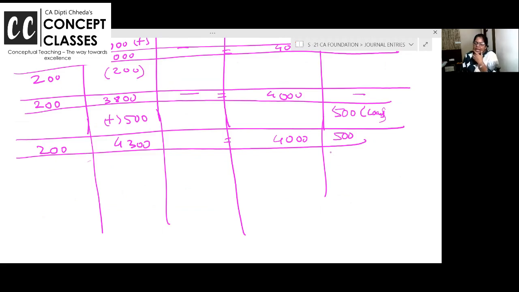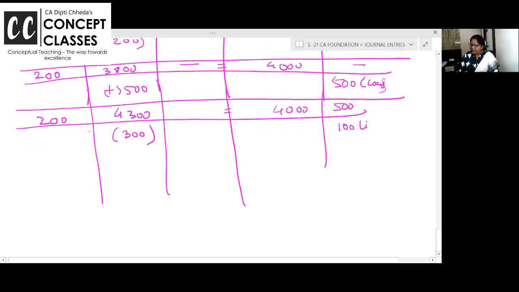Next, salaries paid for the month of March, 300, 100 is still payable. How much salary you have paid? 300. Money is going out of bank. And 100 is still payable, liability. I hope you have the journal entries in your notebook also open.